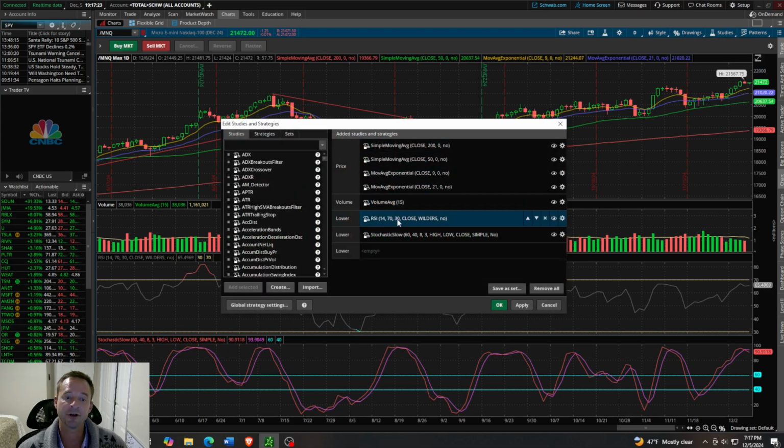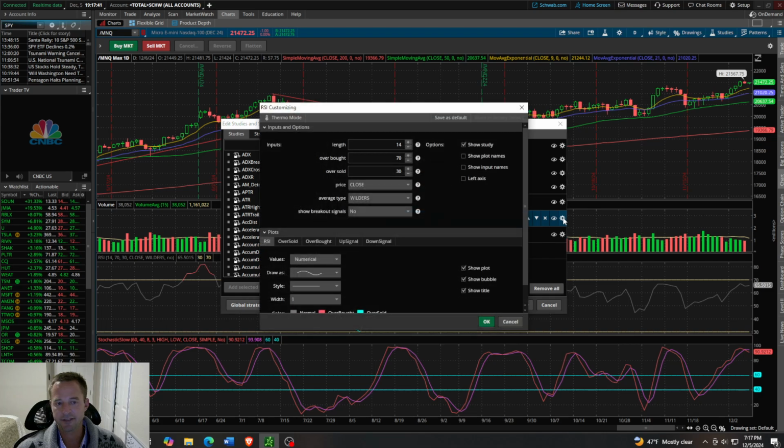Okay. And then in my lower indicators, we have RSI. This is something I might need to update. I have not updated the numbers inside here at all.